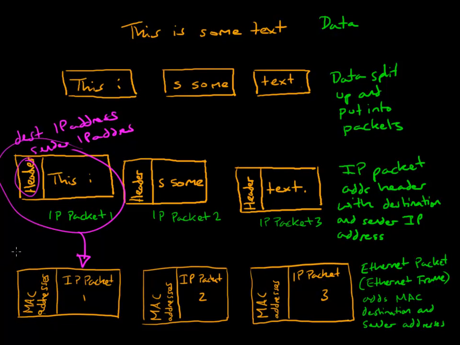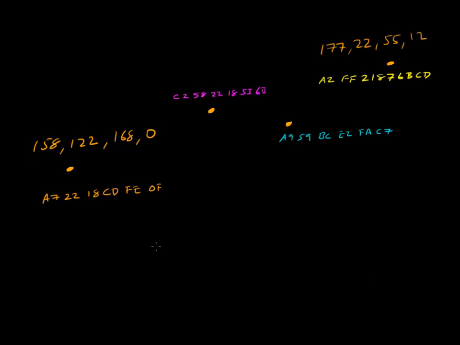And so this will be the sender and the destination, and this will be the MAC address inside this part here. Now let's take a look at an example of how my IP packet and my Ethernet frame can get built up in order to send the whole packet across the network.